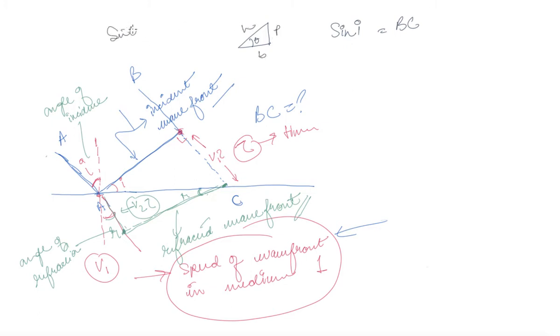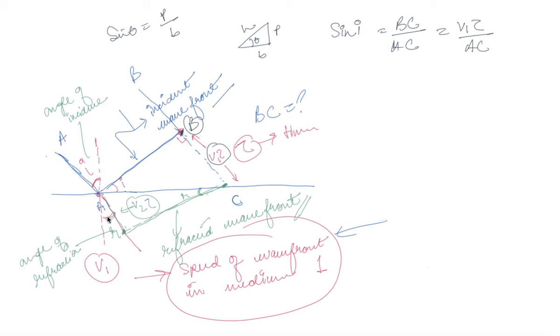Sine theta is equal to perpendicular by hypotenuse. So sine I is perpendicular upon hypotenuse, which is BC upon AC. What was BC? This was v1 into tau, so sine I is v1 tau by AC.